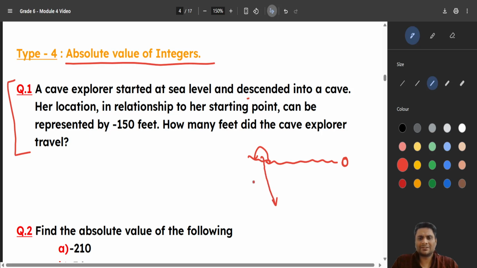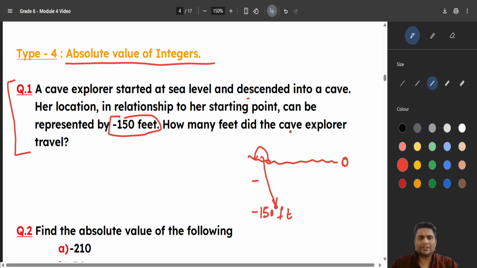Down means plus or minus? Minus. Her location in relationship to her starting point can be represented by minus 150. After going a particular distance, now she is at minus 150 feet.